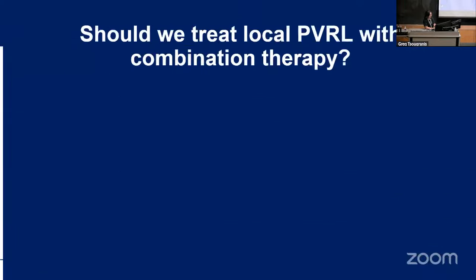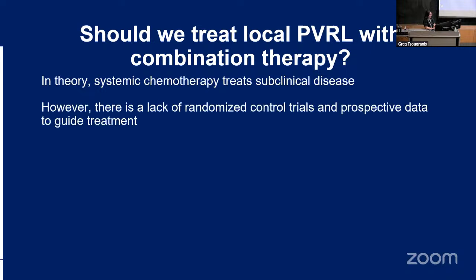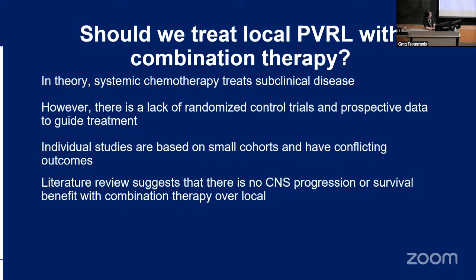So overall, should we treat local primary vitreoretinal lymphoma with combination therapy? Good question. In theory, systemic chemotherapy treats the subclinical disease, but there's a lack of randomized control trials or prospective data to guide us. Individual studies are based on small cohorts and have conflicting outcomes, and literature review suggests that there's no CNS progression or survival benefit despite treatment with combo therapy.